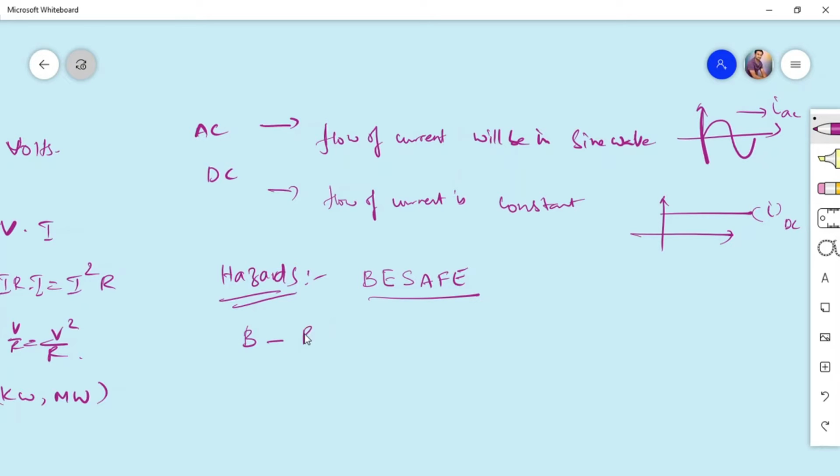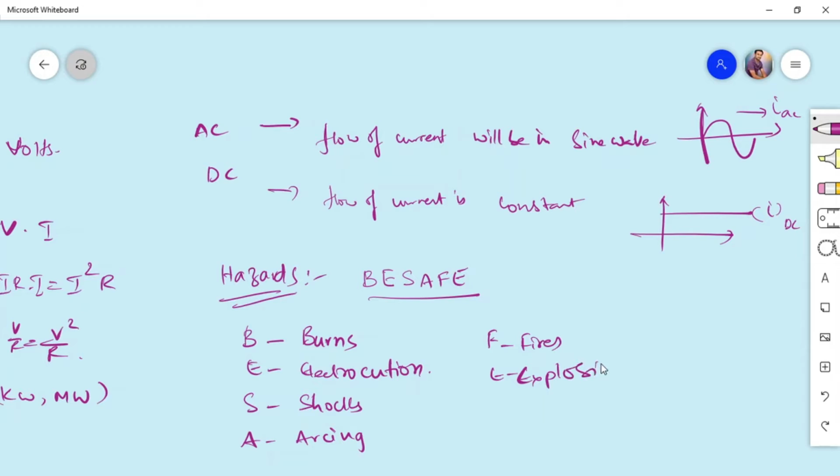B for burns, E for electrocution, S for shocks, A for arcing, F for fires, E for explosion. So these are the hazards of electricity.